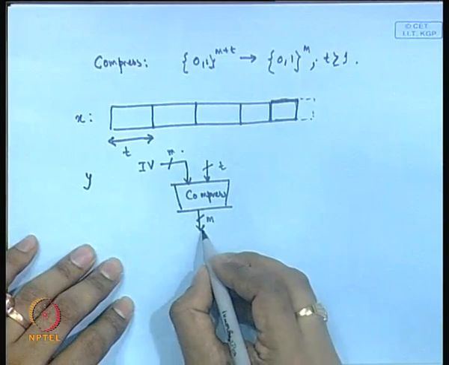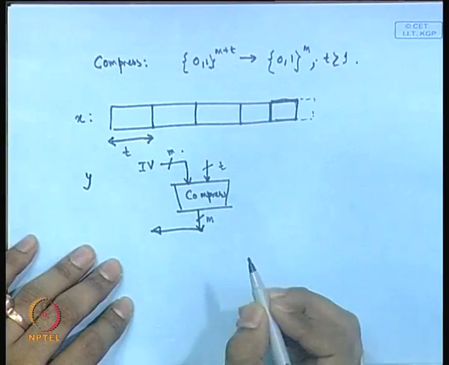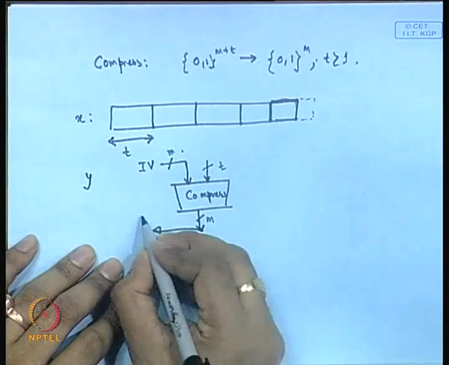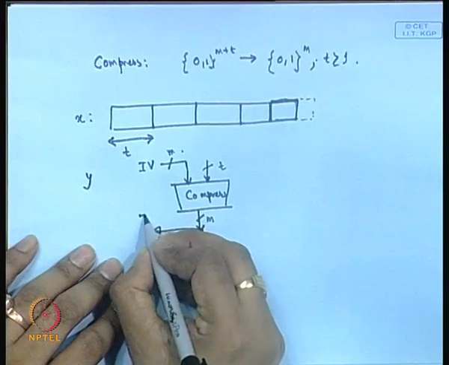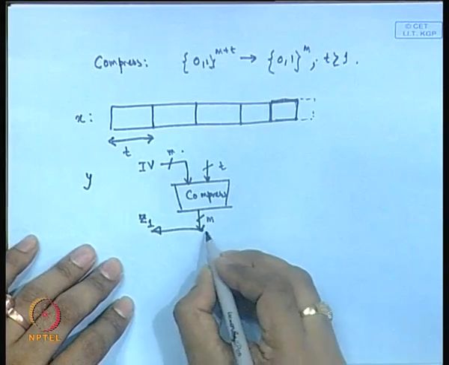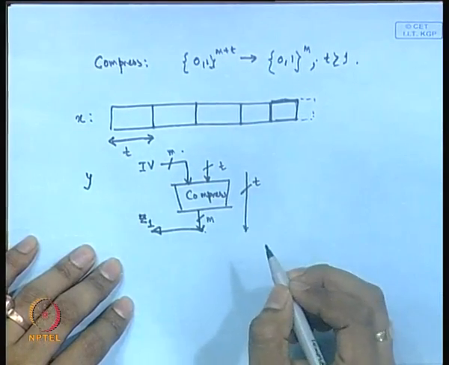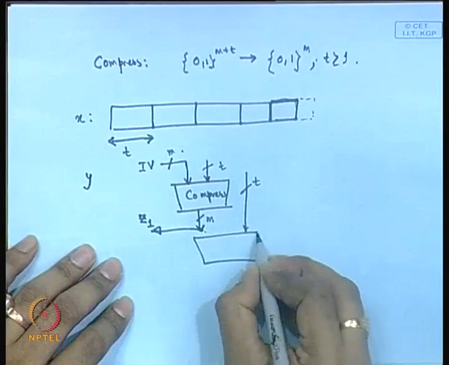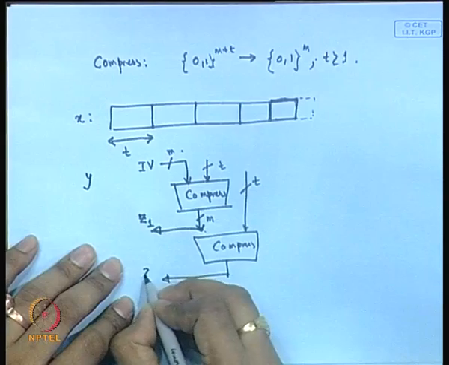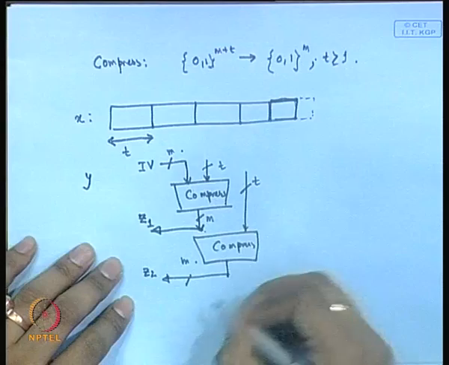This m bit output I pass on as a parameter, which I can call z1. Next, I take this m bit and the next t bits from y, pass them to my compress function, and again obtain another m bits. I call that z2. Similarly I keep on repeating this process.